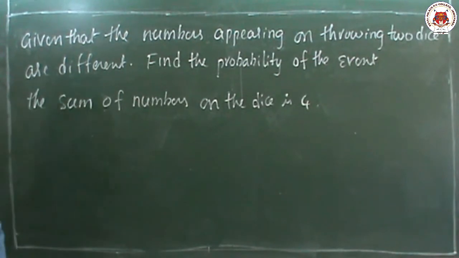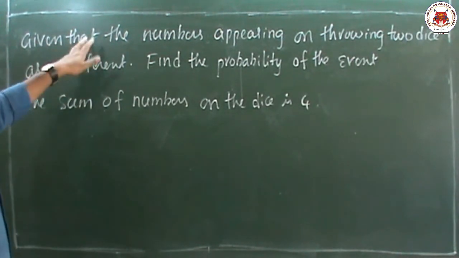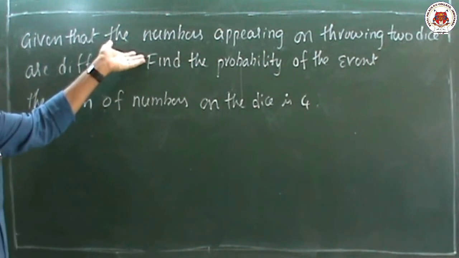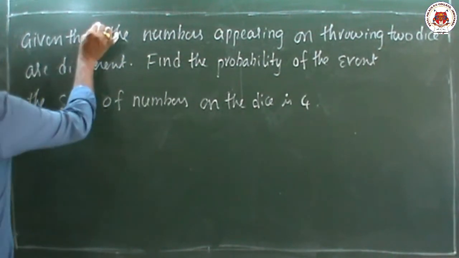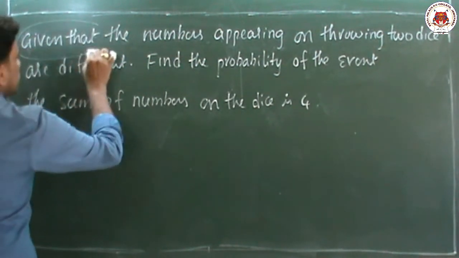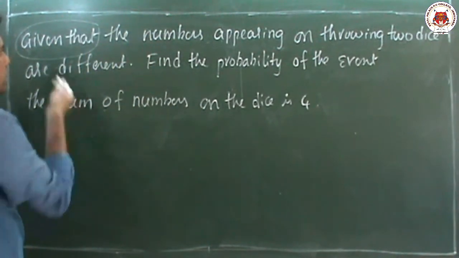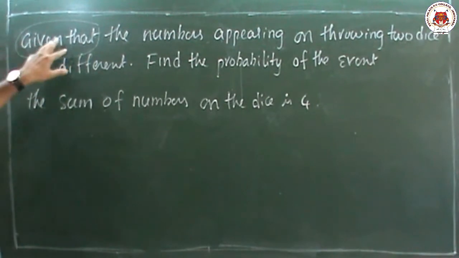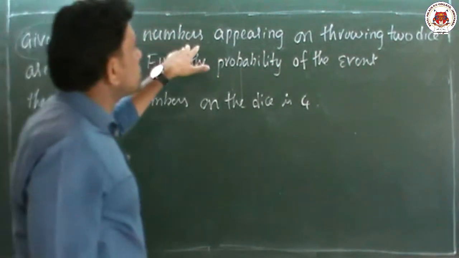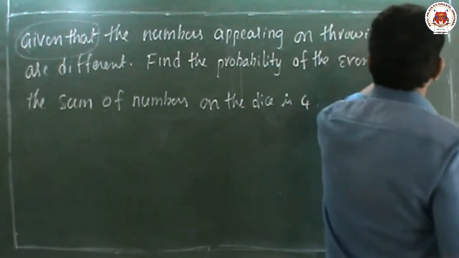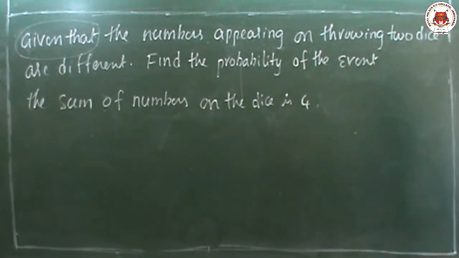Children, one more time I am reading that. See, given that, in the starting only I said given that, so after given that whatever event is there, that one you consider as F. In the starting he said, given that the numbers appearing on throwing two dice. Two dice means each having 6 sides.